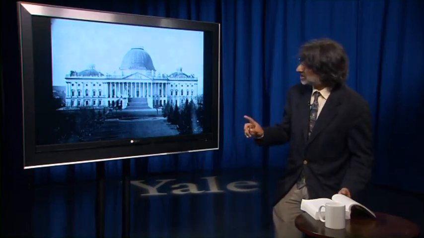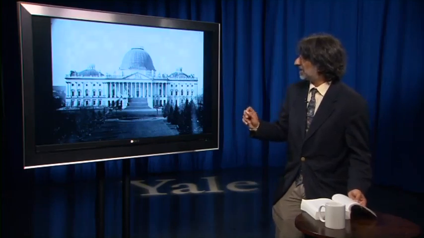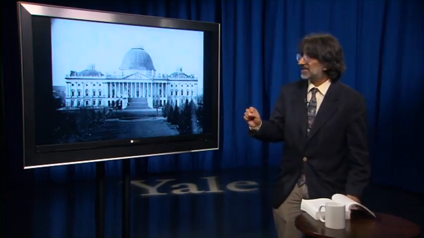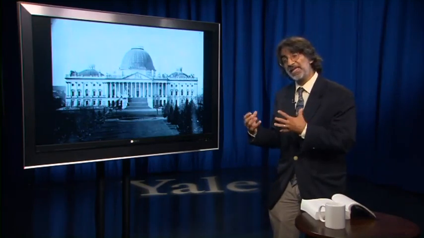So let's talk just a little bit about this bicameral idea, the idea that something is going to have to pass both House and Senate in order to be law. That bicameral idea built on state constitutions, most of which had legislatures with two houses.